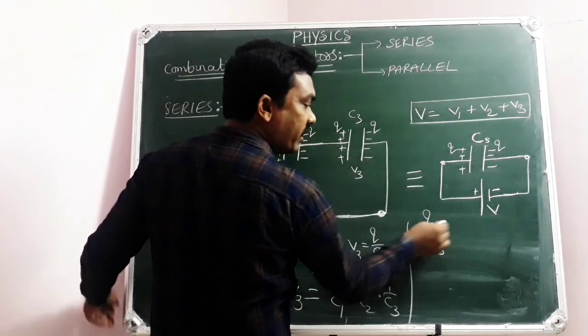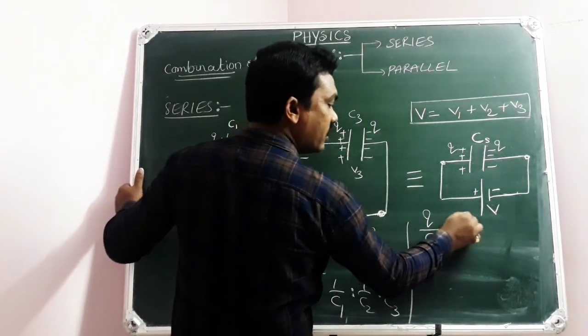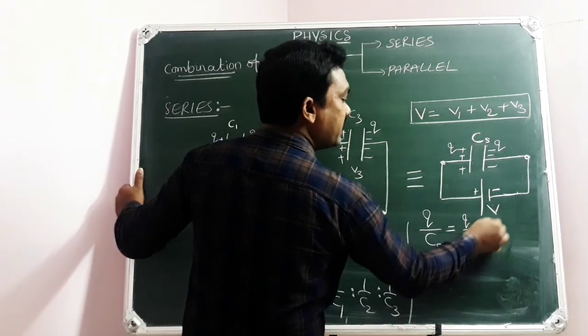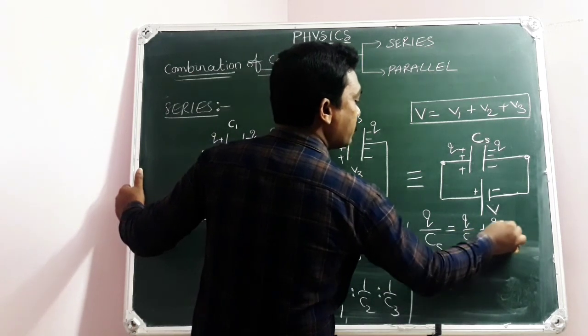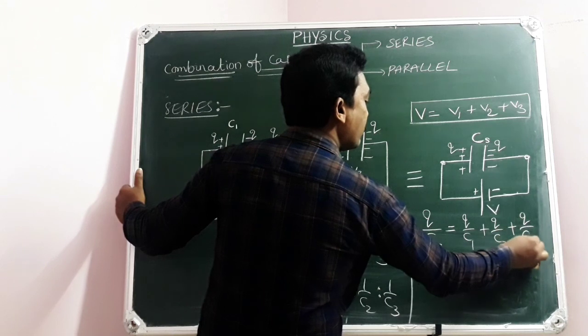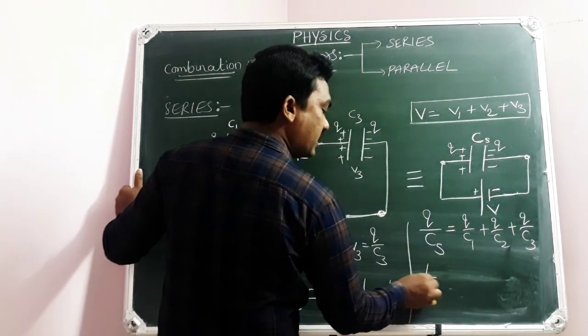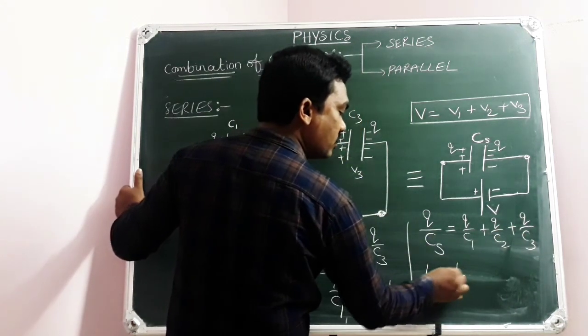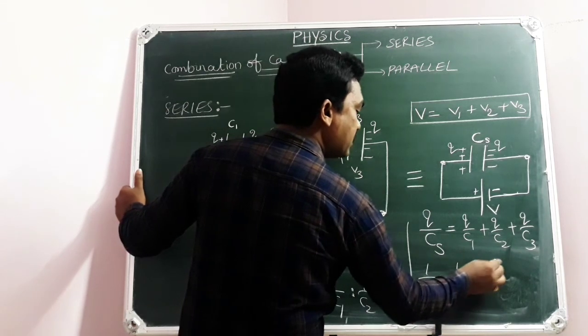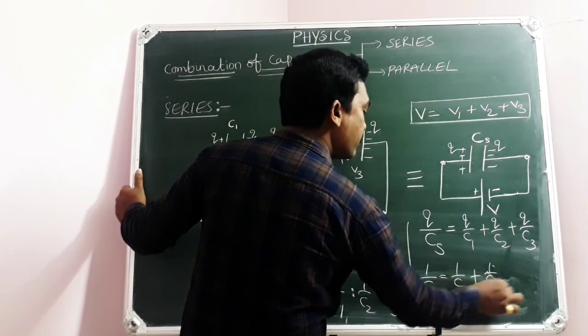Then V is equal to Q by C, which is equal to V1, Q by C1, plus V2, Q by C2, plus V3, Q by C3. So that Q gets cancelled, then 1 by C is equal to 1 by C1 plus 1 by C2 plus 1 by C3.